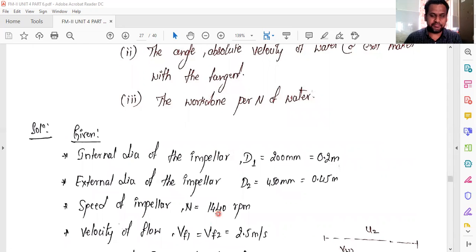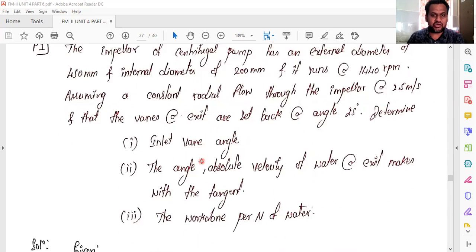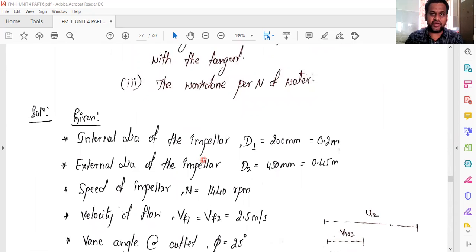Next, he is telling that assuming a constant radial flow through the impeller at 2.5 meter per second. So that is VF1 and VF2 is given. The velocity of flow VF1 or VF2 is equal to 2.5 meter per second.